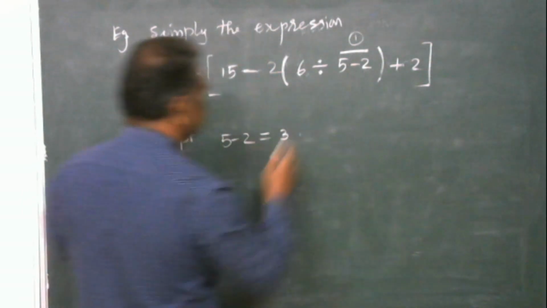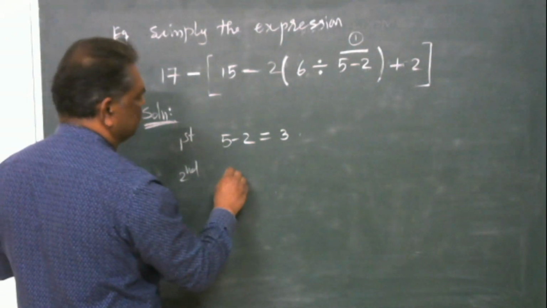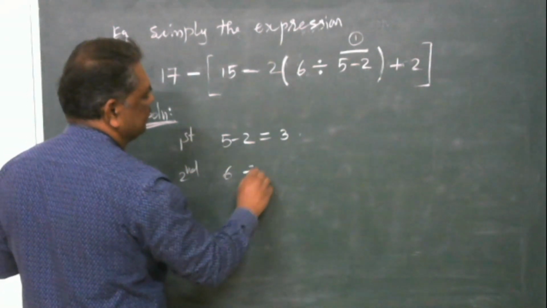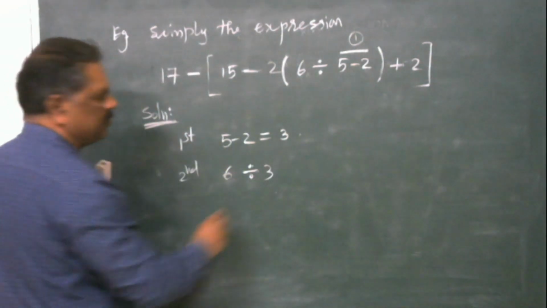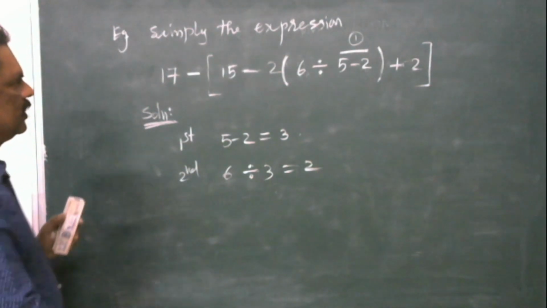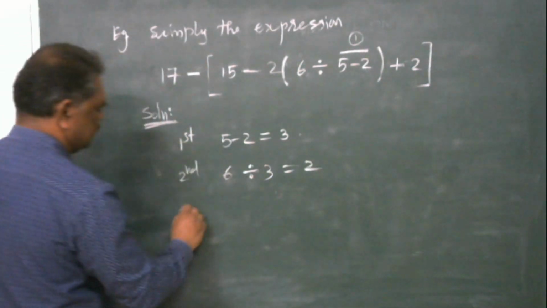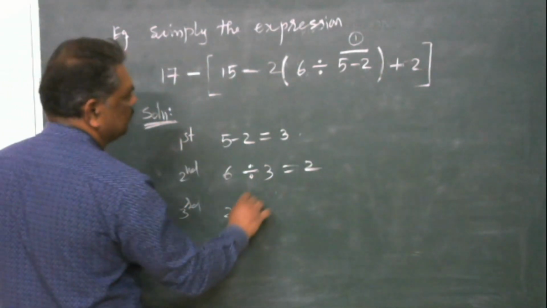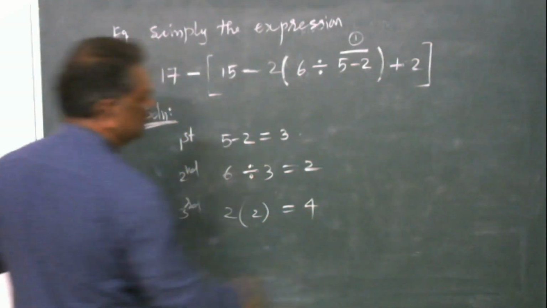So we need to perform it second. Within the bracket, the operation is 6 divided by this 3. That is to be performed second. 6 by 3 is equal to 2. Then, of, third, we need to perform 2 of this 2. 2 of 2 is equal to 4.